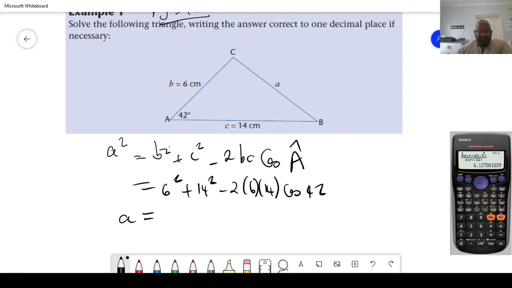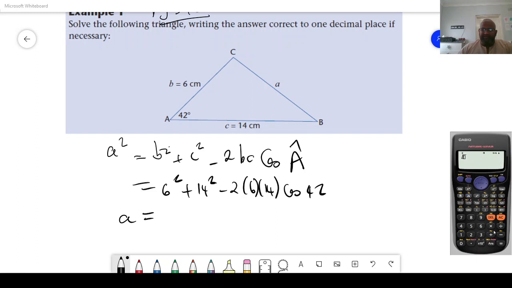So a squared works out to be, let's punch this in the calculator, 6 squared plus 14 squared minus 2 times 6 times 14 cos of 42. It's 107.15.